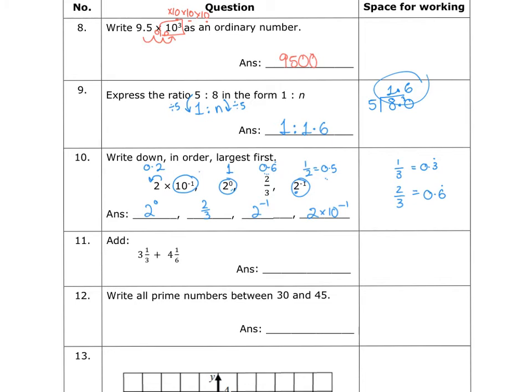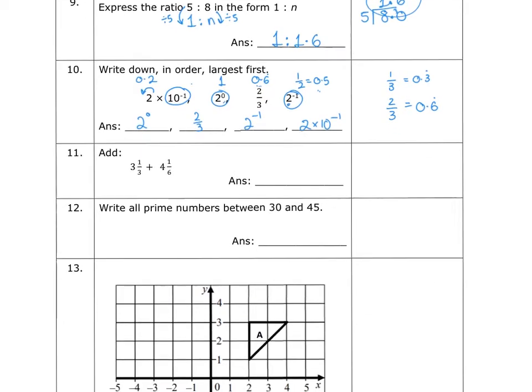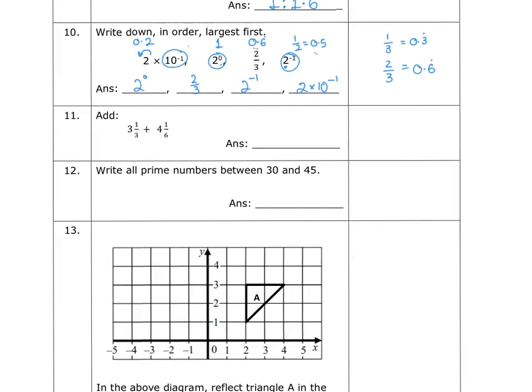Next, we're going to add fractions. Now to add fractions, don't forget, we need the same denominator, plus we need to change that mixed fraction into an improper one. 3 times 3, 9, plus 1, 10. So that is 10 on 3.